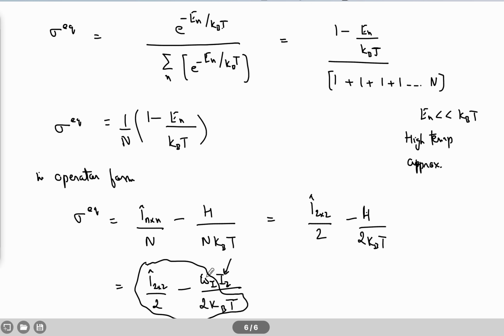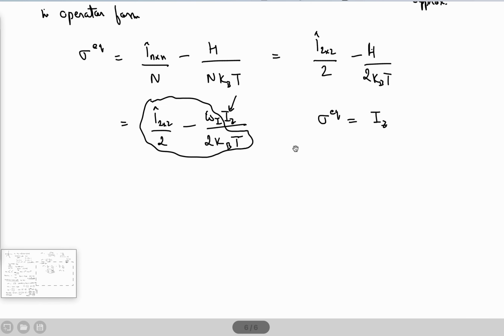It can be multiplied later with the answer we get when the perturbation is applied on sigma, the equilibrium density operator. So we need not worry about this. This is only to simplify the maths, so we will call sigma EQ simply Iz. And this is for a single spin.